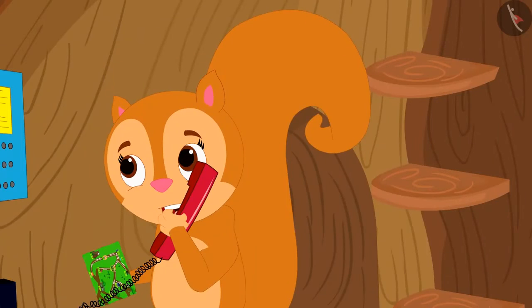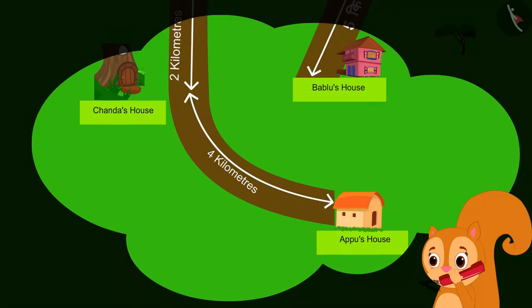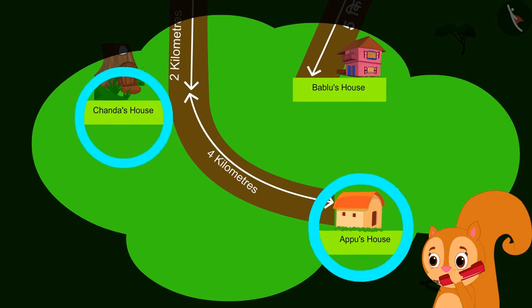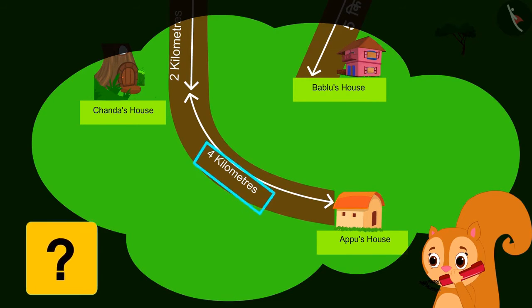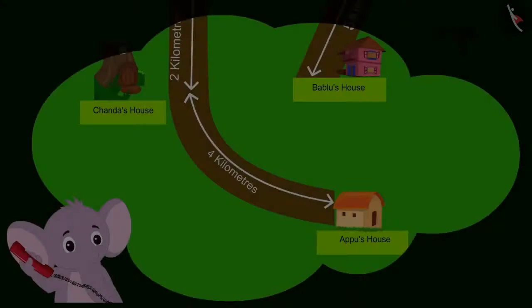Now Chanda said to Appu, Appu, I can see your house and mine on the map too. And 4 kilometers is written between your house and my house. So, is my house 4 kilometers away from your house?